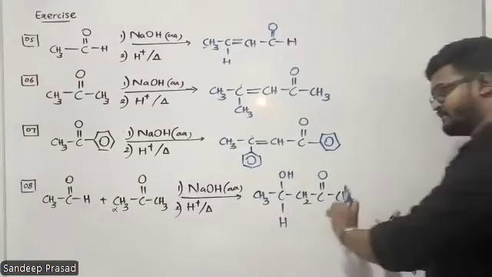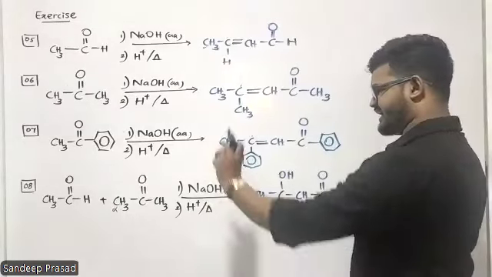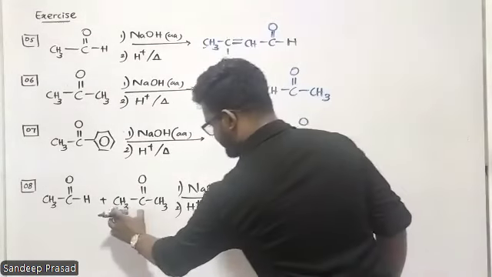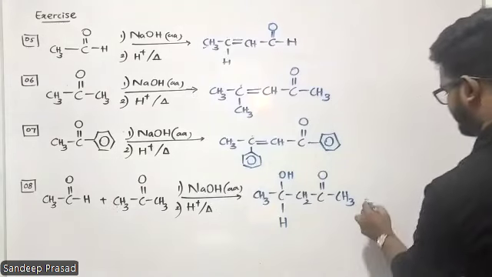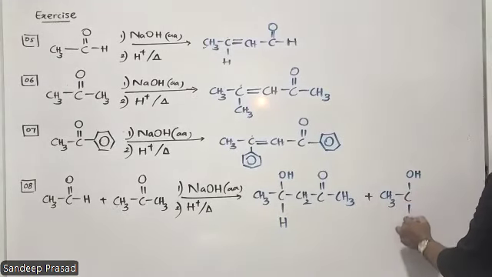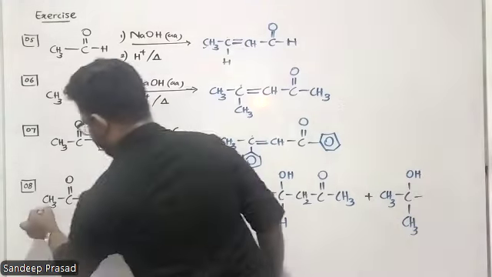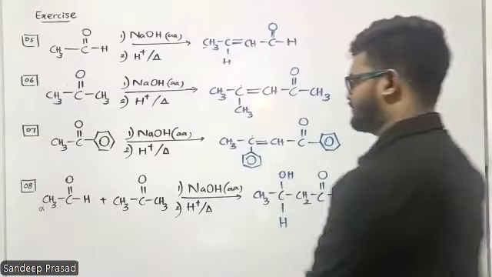Students, remember the vice versa also can happen. That means we can exchange them. Let me consider the first molecule as this: CH3, COH and CH3 group here. And this is the alpha carbon, hydrogen is removed from there.